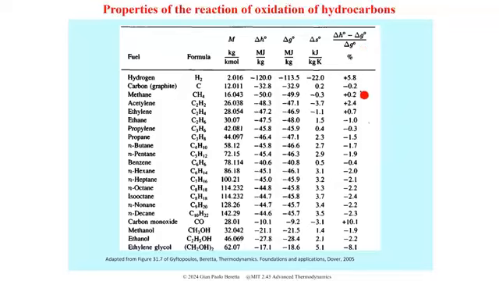You see that this ratio is between plus and minus 2.4%. So this allows you, for simple calculations, to neglect the difference and say that the exergy of the fuel, which is the Gibbs free energy, is almost equal to the lower heating value of the fuel, which is the enthalpy.